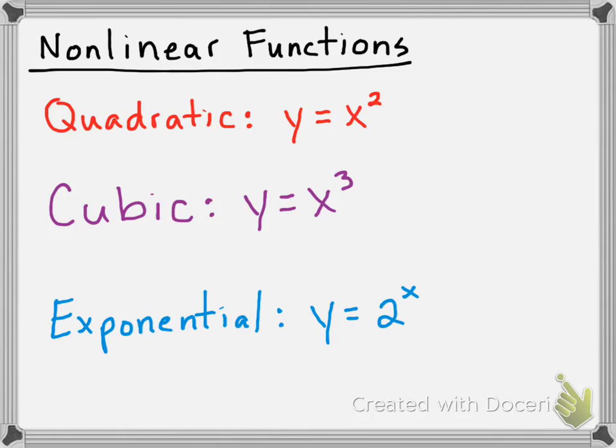Okay, now the goal of today's lesson is that you are able to identify each one and determine, based on the graph, which equation it is. Okay, so first we're going to look at the quadratics.